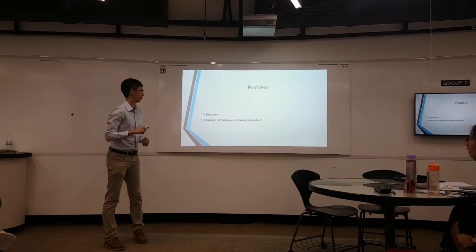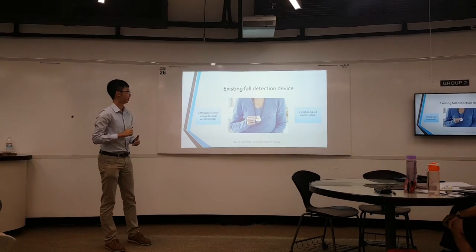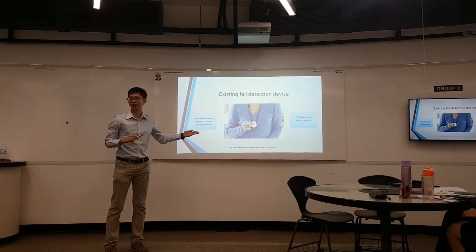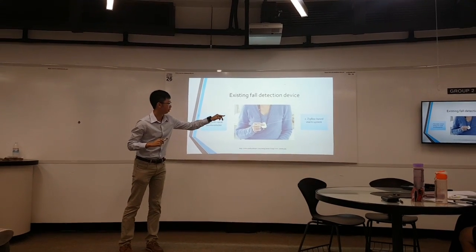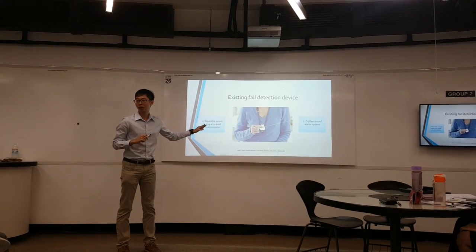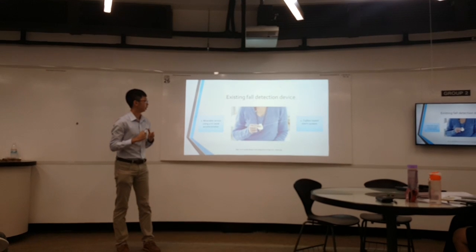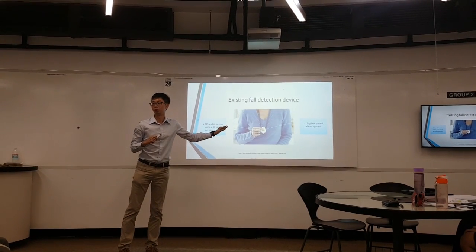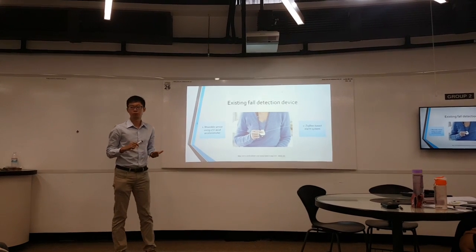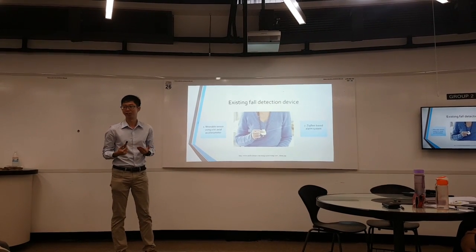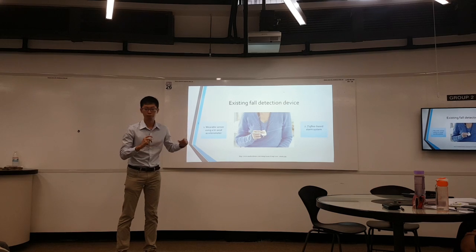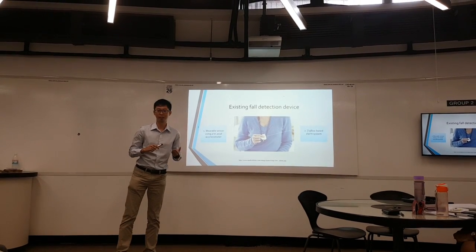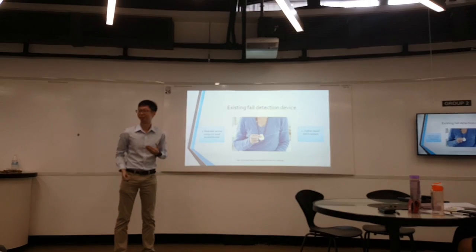Yes, sure. As I mentioned earlier, most of the existing fall detection devices only have these two features, and the way they inform nearby people is through the Zigbee-based alarm system. Basically, once there's any fall detection, it will trigger a Zigbee light and sound to inform the nearby person that this elderly person just fell down.